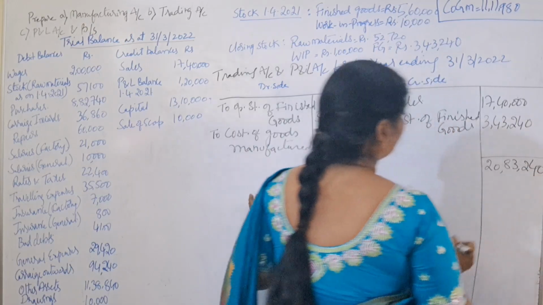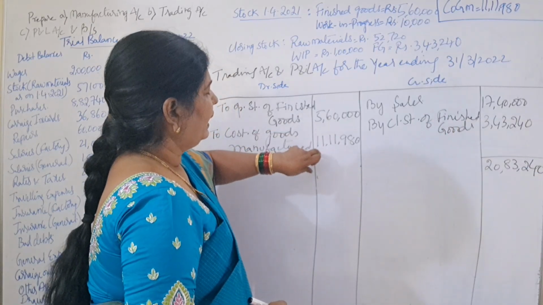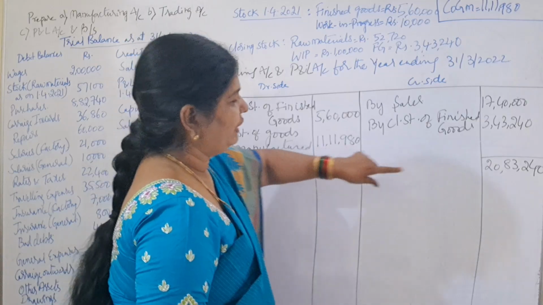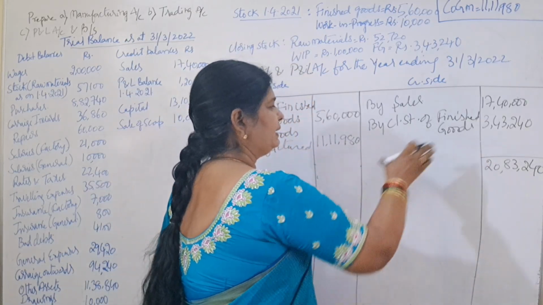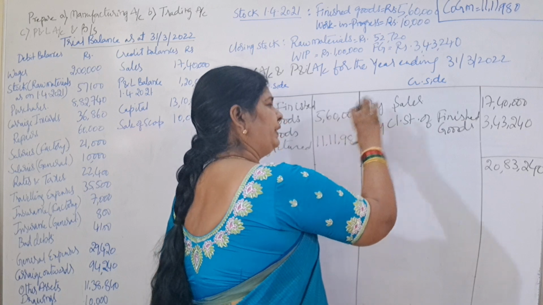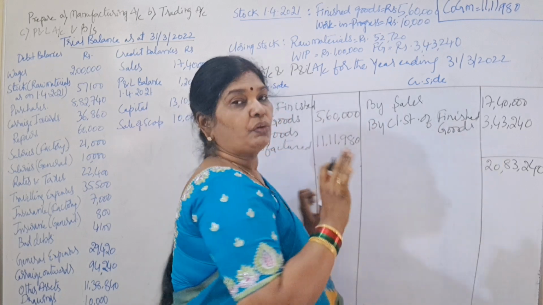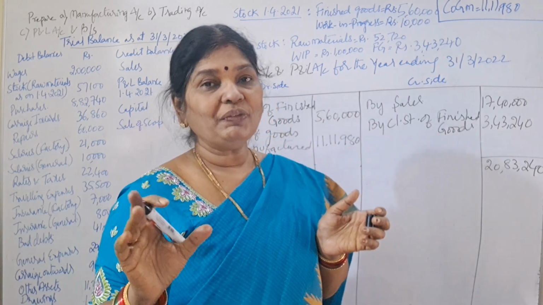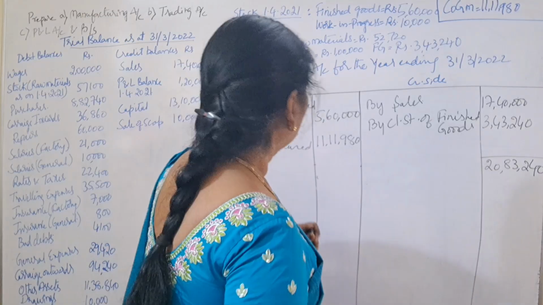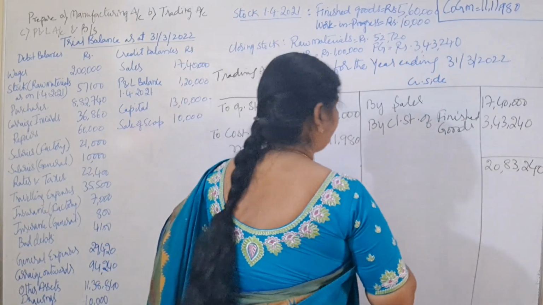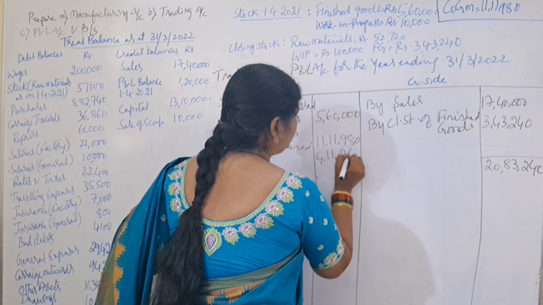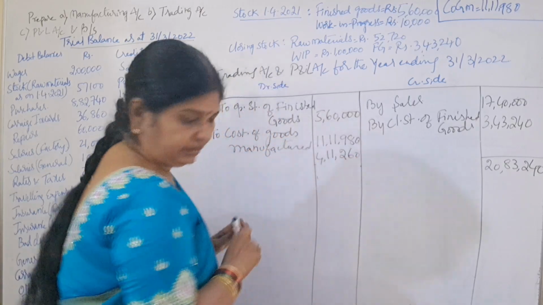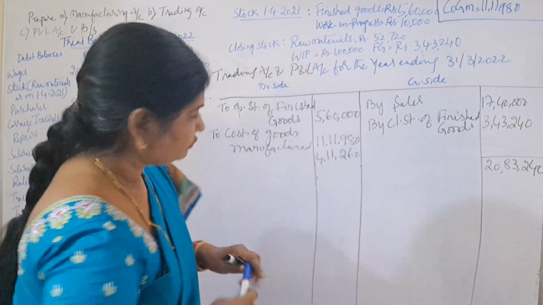Now we will make the total of this: 20,83,240. Now we'll deduct 5,60,000 and 11,11,980 from 20 lakhs 83,240. That means the debit side total is to be deducted from the credit side total. Whatever difference we are getting, that is called what? Gross profit. How much difference are we getting? 4 lakhs 11,260. This is called gross profit.